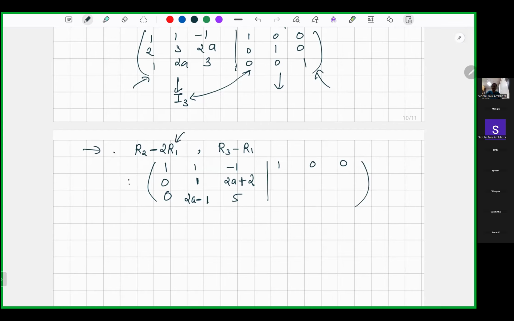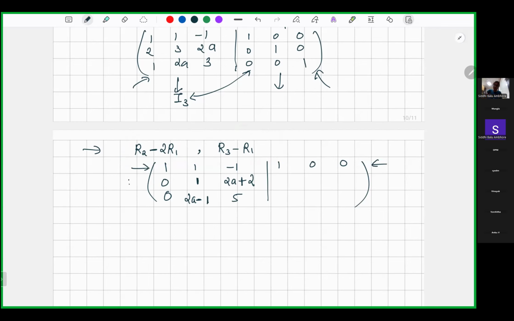I'm treating R1 as some fixed quantity, and I'm changing R2 and R3 using that. I hope you have understood. That's why when I'm writing the resultant matrix, R1 is fixed and only R2 and R3 are changing.